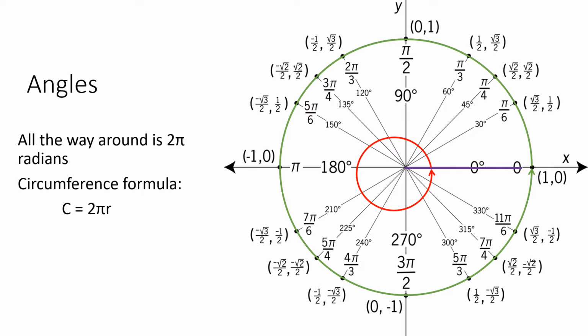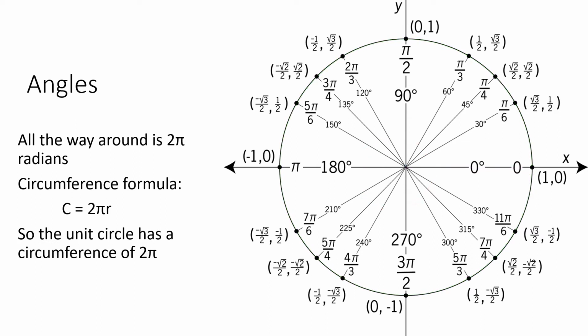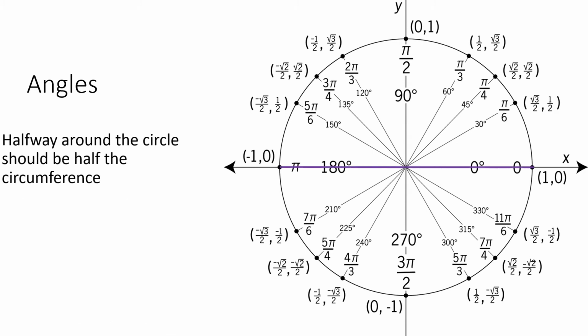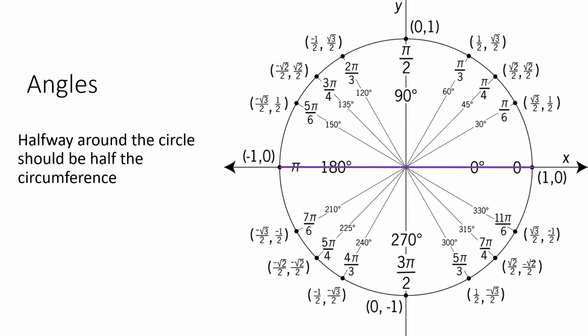And so there's a direct correspondence between the angle measure in radians and the length of that arc. So we would expect that halfway around the circle should be half the circumference. The circumference of the circle was 2 pi, so half of that is just pi.